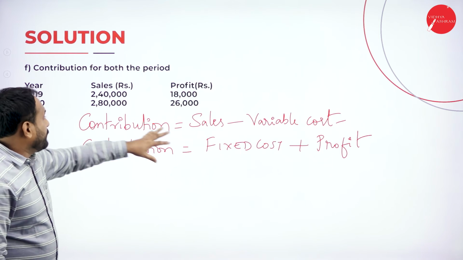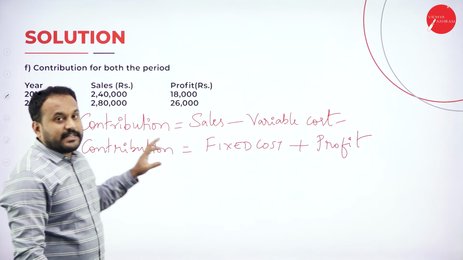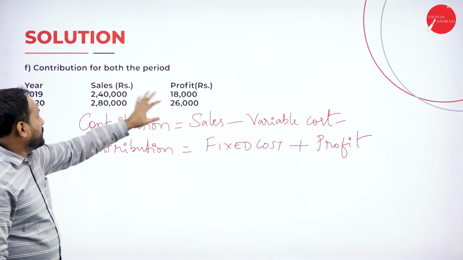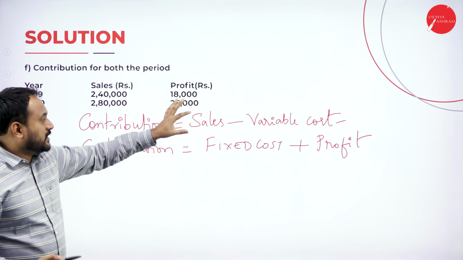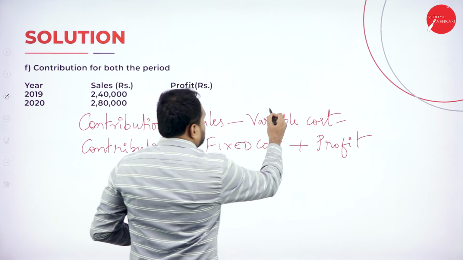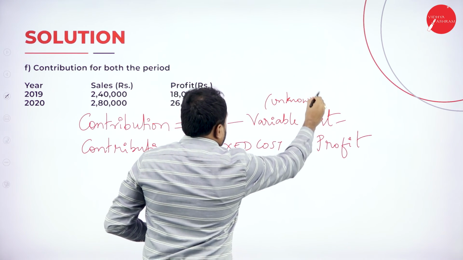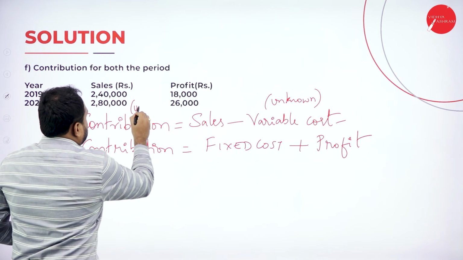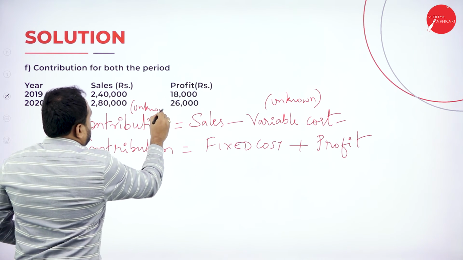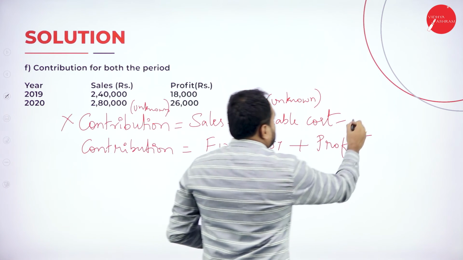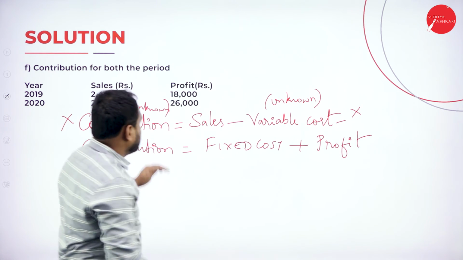Now understand, we have questions where they have given 2019, 2020 sales and profit. That means they have not given us variable cost. So if variable cost is unknown and contribution is also unknown, we can't find it through this formula. So this formula is wrong.